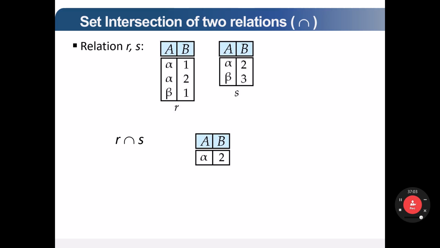So we have the intersection operator. Again, we need the same number of attributes and same domains, and we only find common tuples and put those common tuples in the output table. Easy.